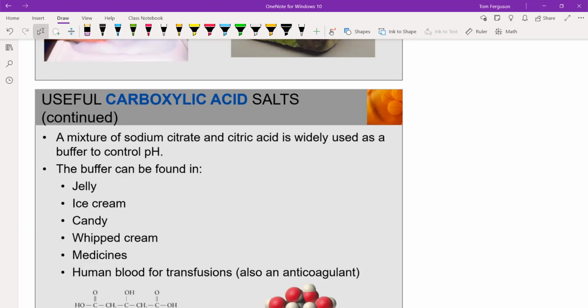The combination of an acid plus its salt is how they make buffers.